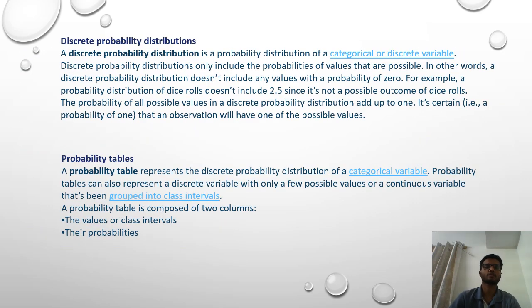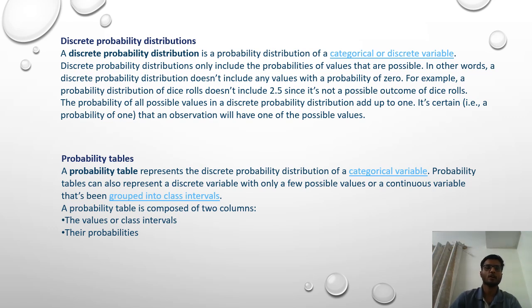A discrete probability distribution is a probability distribution of a categorical or a discrete variable. Discrete probability distributions only include the probabilities of values that are possible. In other words, a discrete probability distribution doesn't include any value with a probability of 0.